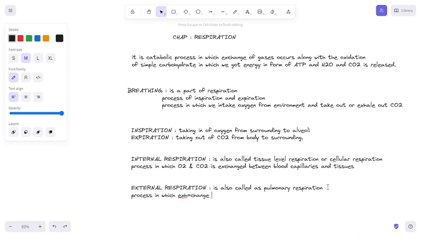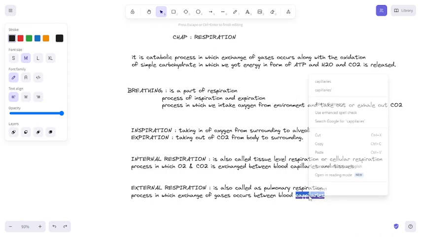exchange of gases occurs between blood capillaries and alveoli.